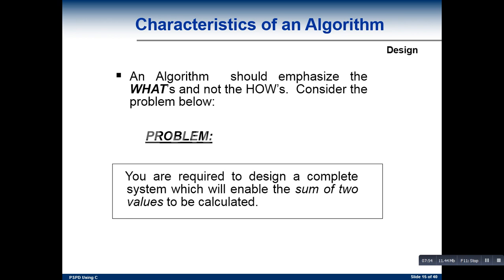Okay, an algorithm should emphasize the what and not the how. Consider the problem below. A problem: you are required to design a system which will be able to calculate the sum of two numbers. Now, to grapple with this problem, we have to understand the problem from the human perspective.